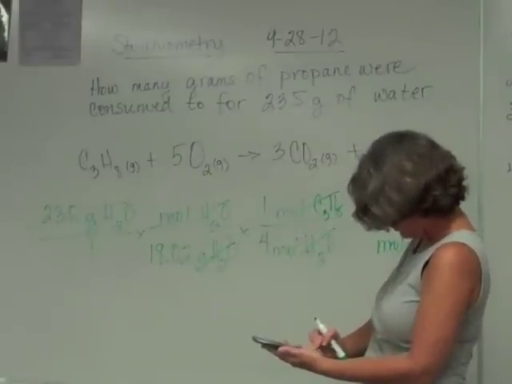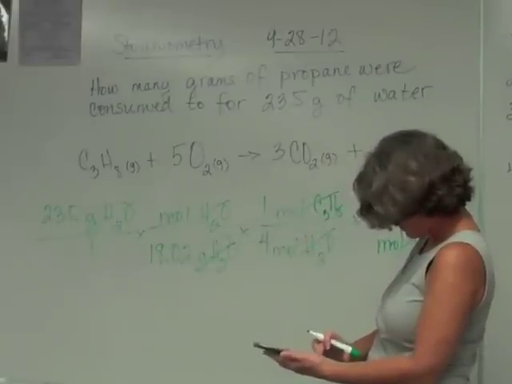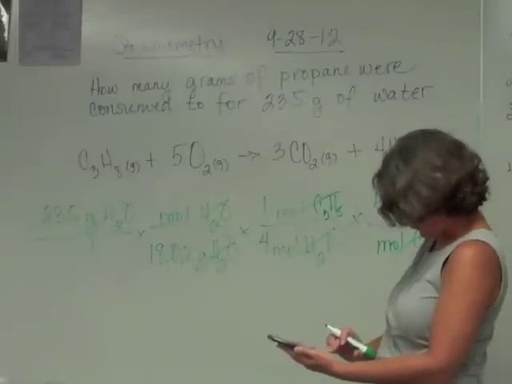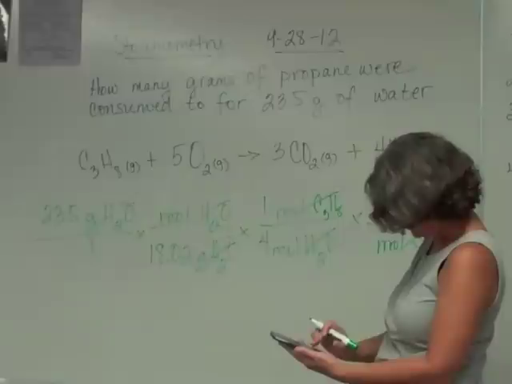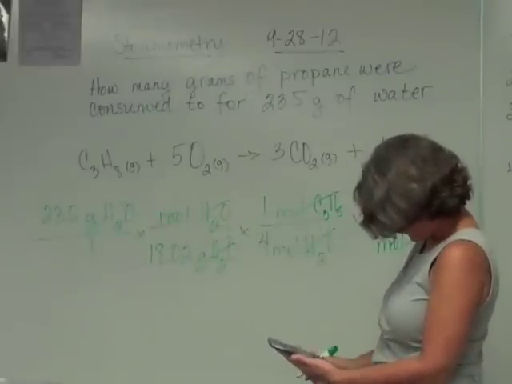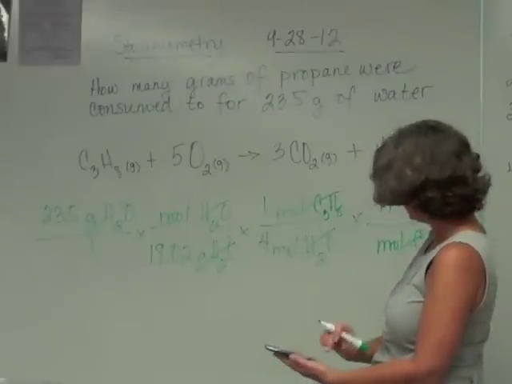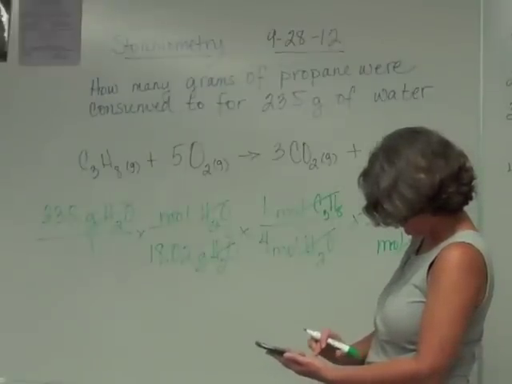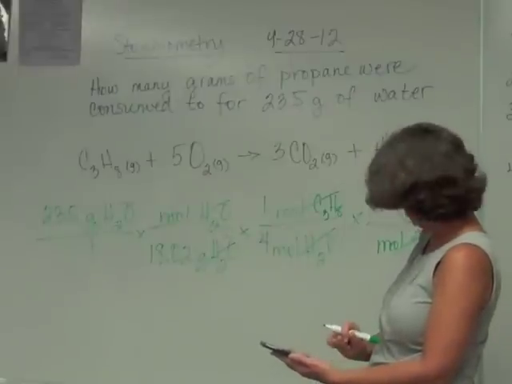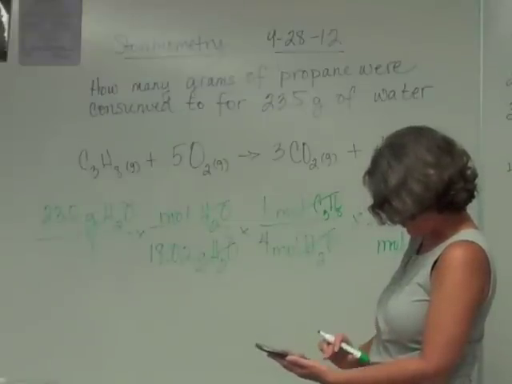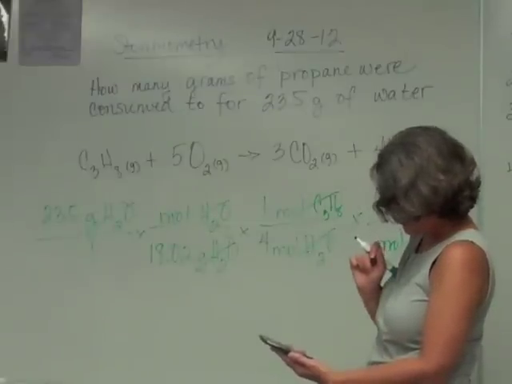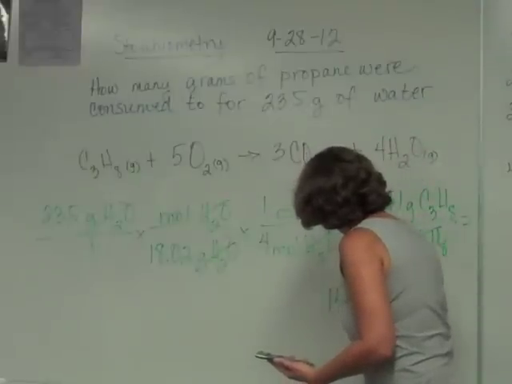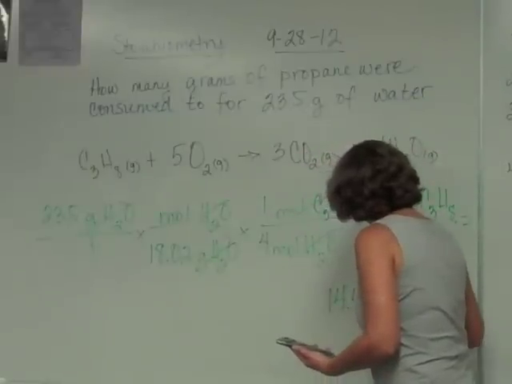I wrote the wrong number. Let's solve it again. 23.5 divided by 18.02 divided by 4 times 44.1 equals 14.4. 14.4 grams of propane.